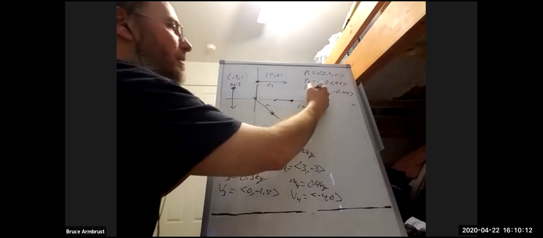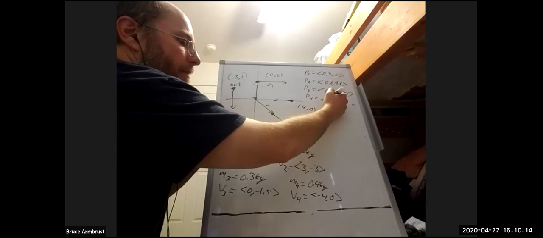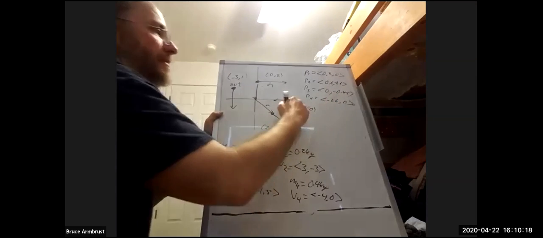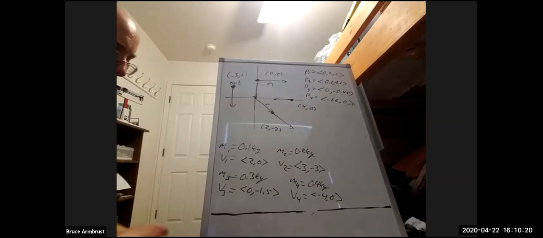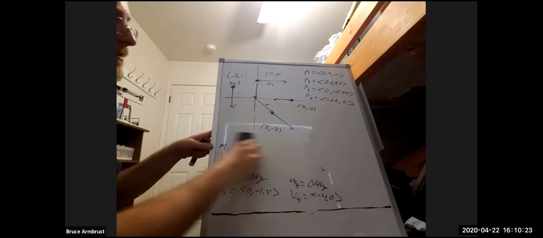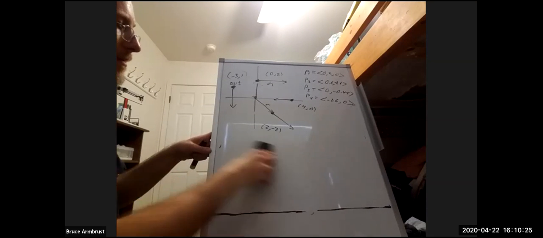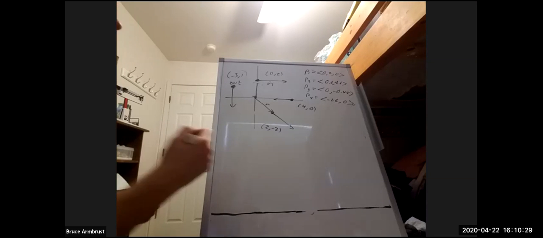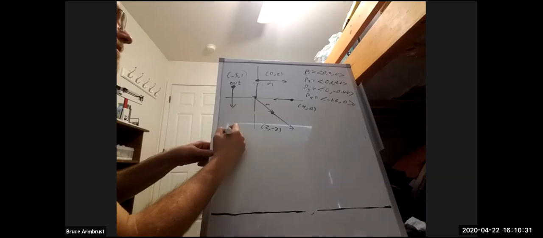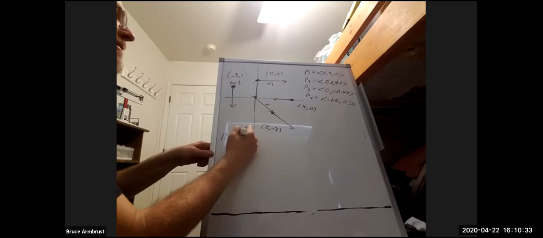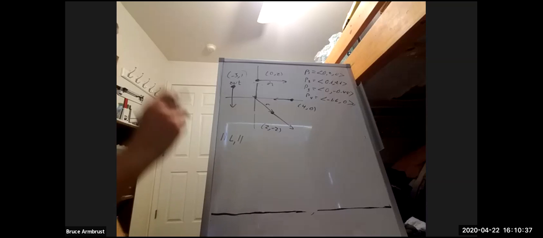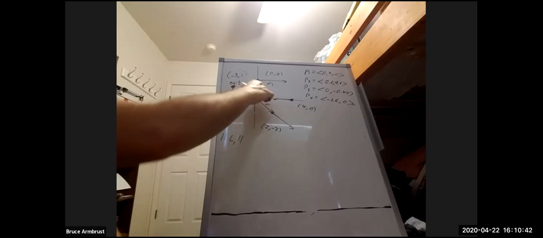And then number 4, that's going to be minus 1.6, 0. That's this guy. All right, so let's actually calculate L for each one of these. So these are going to be magnitudes. So number one was this guy.